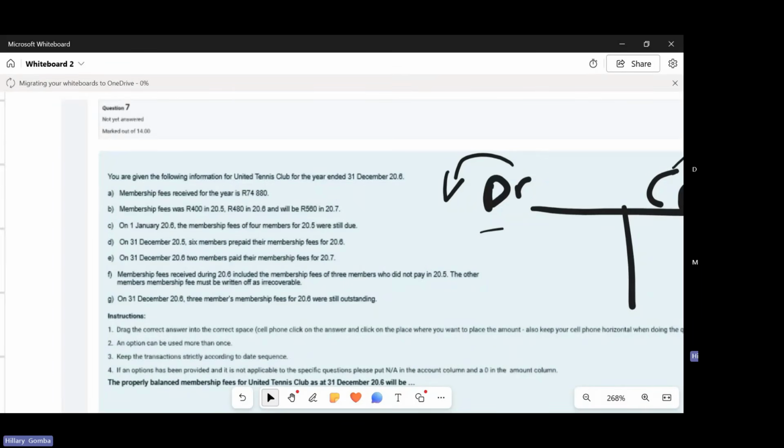Okay, so as I was telling you, they will always tell you that the previous year's membership fees was a certain amount, and then the current year is a certain amount, and the next year it will be a certain amount. For example, they told you that for 2025 it was 400, and then for 2026 it was 480, and for 2027 it's 560.